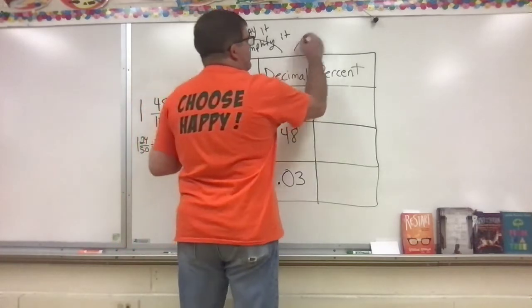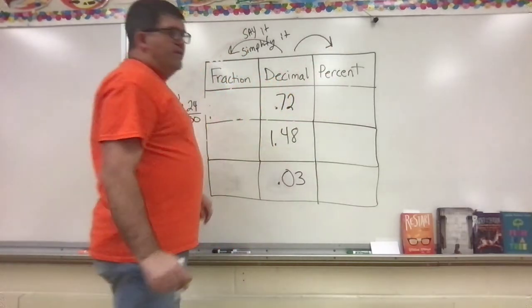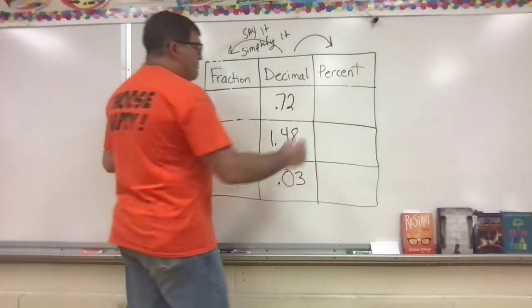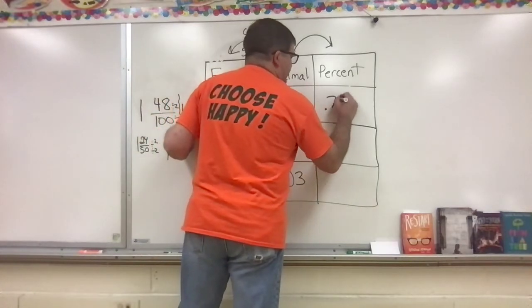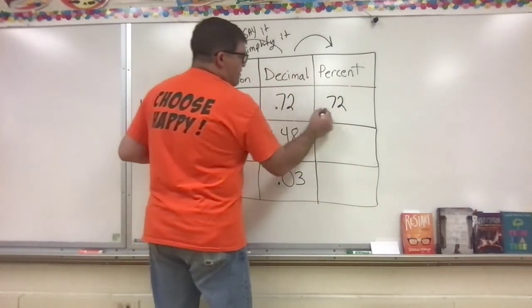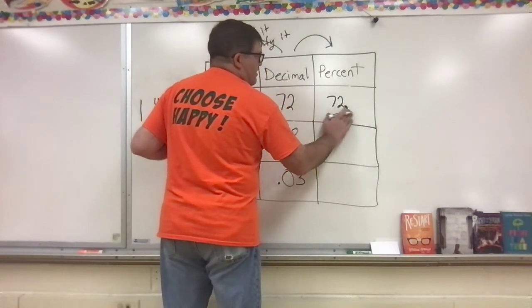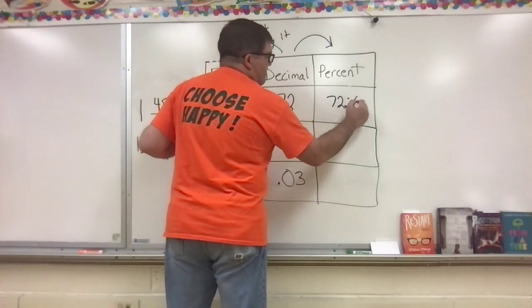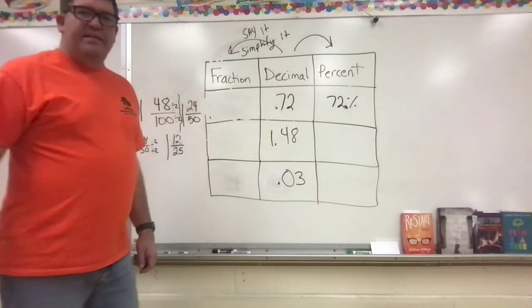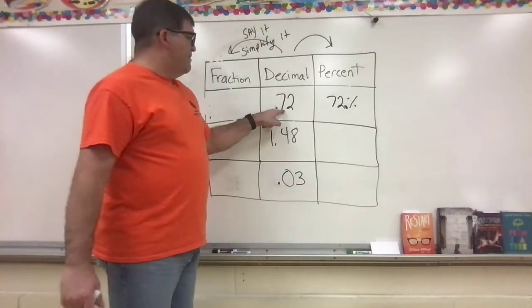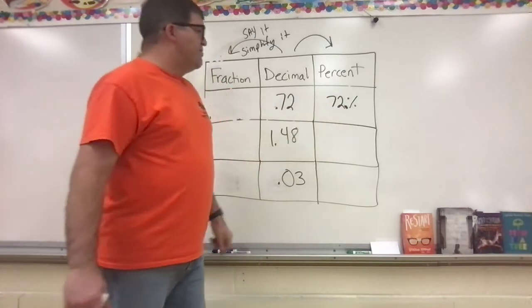Now, to go from here to here, you move the decimal point over 2. I write the number just like it is, and I move it over 2. 1, 2. That's where my decimal goes. And then I add a percent symbol. So 0.72 is 72%.